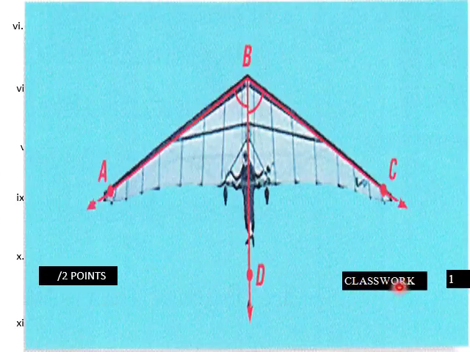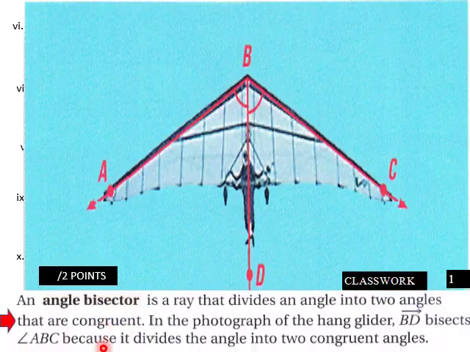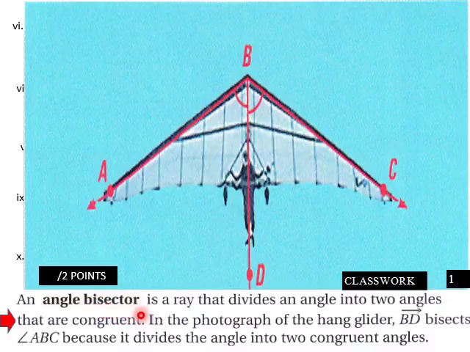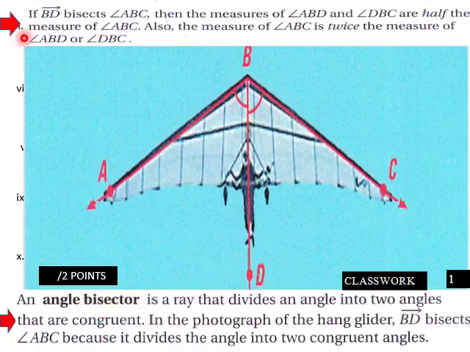Okay, classwork, page 1. Students, on your classwork sheet, an angle bisector is a ray that divides an angle into two angles that are congruent. In the photograph of the hang glider, BD bisects angle ABC. This bisects this angle here. It divides the angle into two congruent angles.